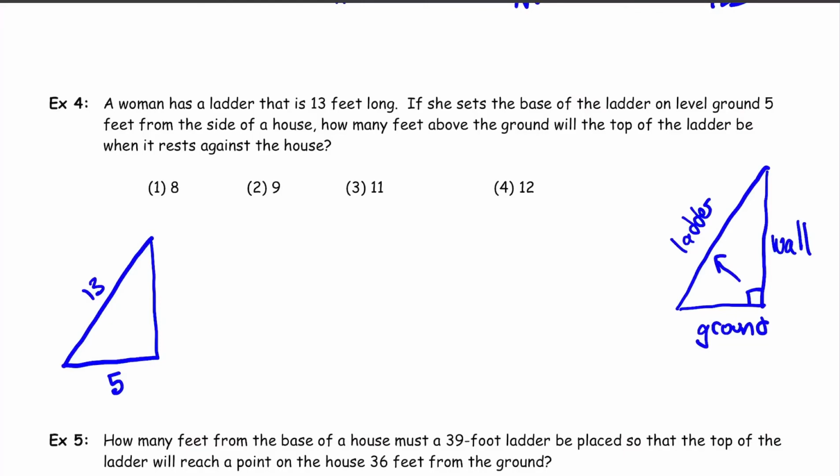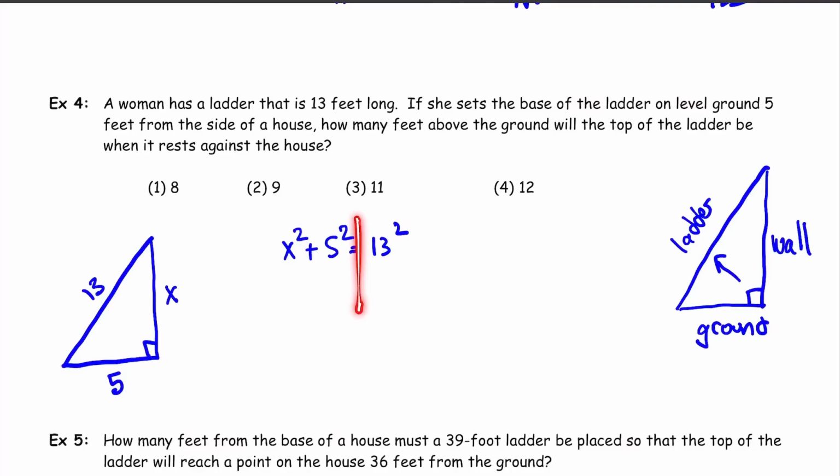How many feet above the ground will the top of the ladder be? So the top of the ladder is up here. How many feet above? You're looking for this side here. That's going to be my x. Okay, so that's your right angle. We're going to set up the Pythagorean theorem. Leg squared plus leg squared equals hypotenuse squared. X squared plus 5 squared equals 13 squared.